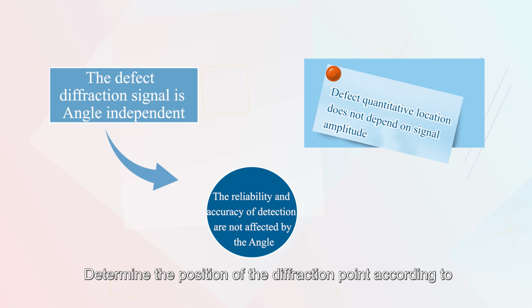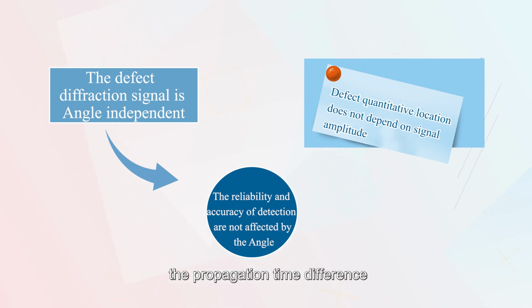The position of the diffraction point is determined according to the propagation time difference of the diffraction signal, and the qualitative positioning of the defect does not depend on the signal amplitude.